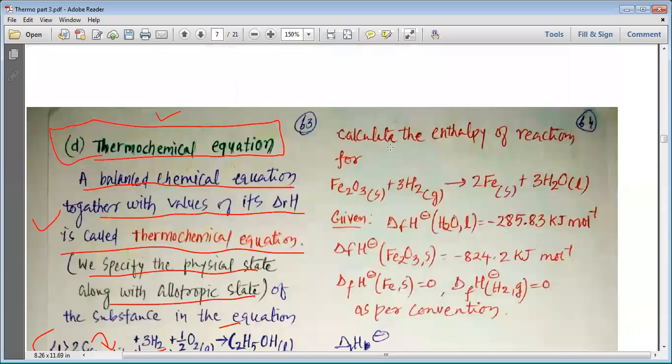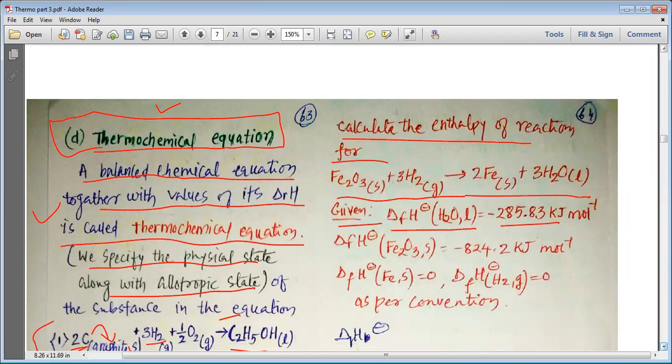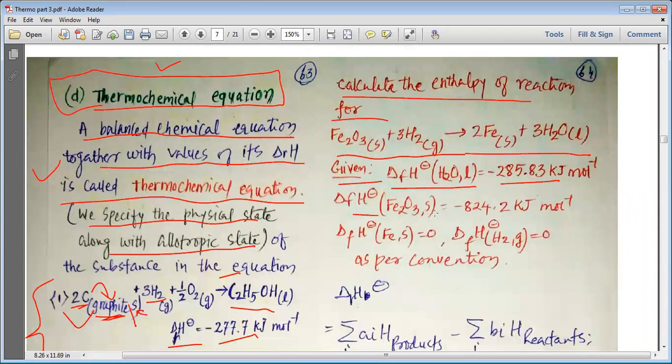Let us understand one example. Calculate the enthalpy of reaction for Fe2O3 plus 3H2, that gives 2Fe plus 3H2O. Here what information are we given? The enthalpy of formation of water in liquid state is minus 285.83 kilojoule per mole. Enthalpy of formation of Fe2O3 in the solid state is minus 824.2 kilojoule per mole.